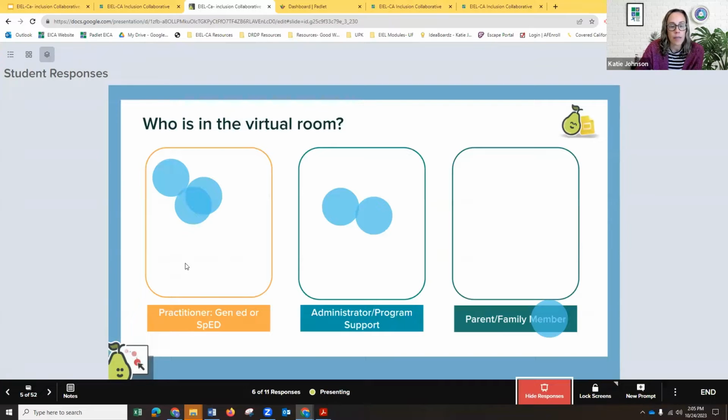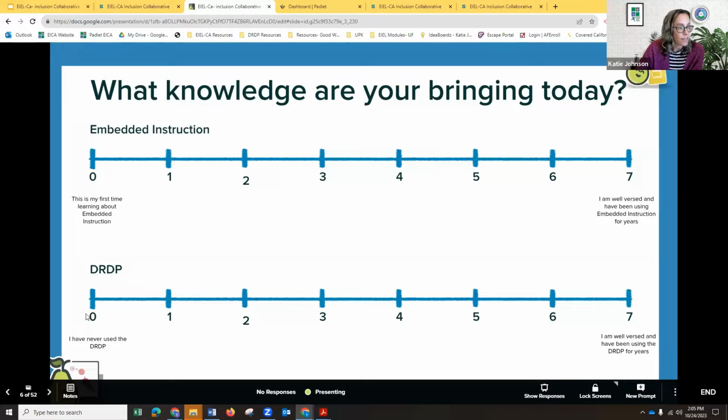So we have some practitioners, meaning special education teachers, general education teachers, speech and language pathologists, and we have some administrators and program supports. Love it. Okay, we've got another little one. I love it that we've got both. No families here today.